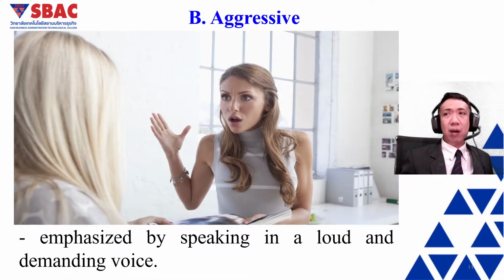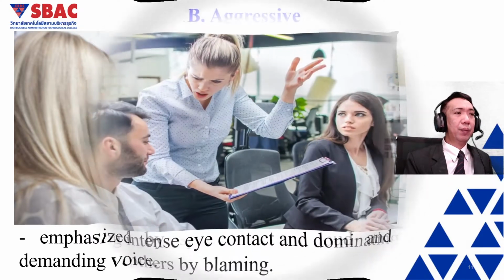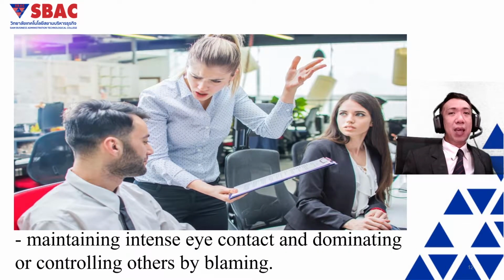Letter B, another type of communicator, are aggressive. These individuals emphasize by speaking in a loud and demanding voice. They maintain intense eye contact, dominating or controlling others while blaming.